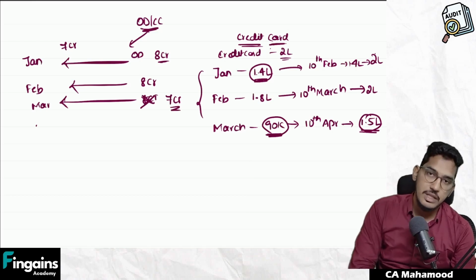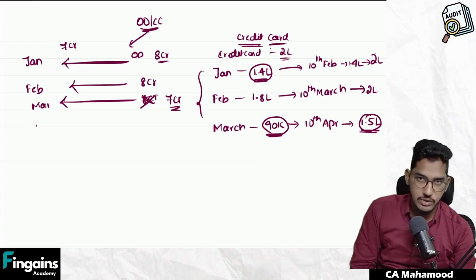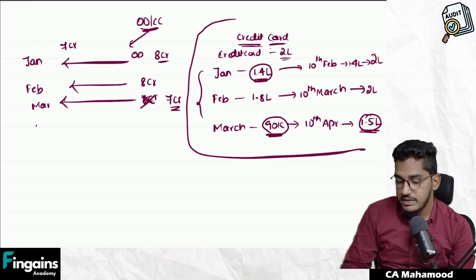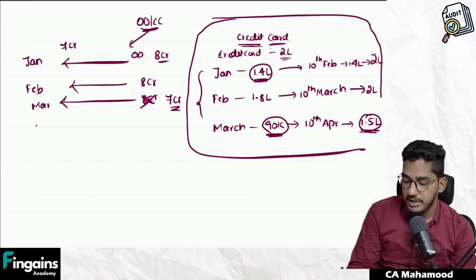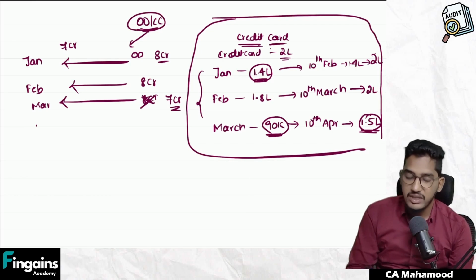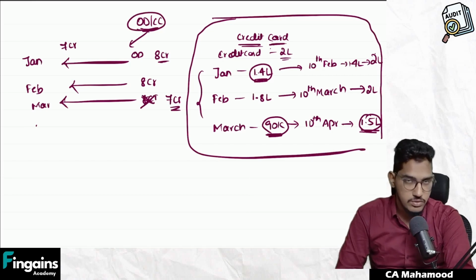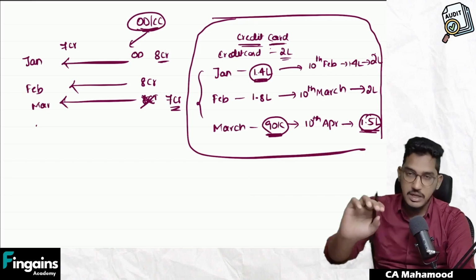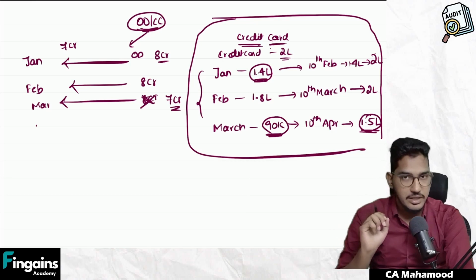That means going forward, you can use only 7 crore rupees. So whatever payment mechanism happens for credit cards, the same payment mechanism will happen even in the case of OD or cash credit facility. Able to understand everybody? So this is how the drawing powers will be calculated.